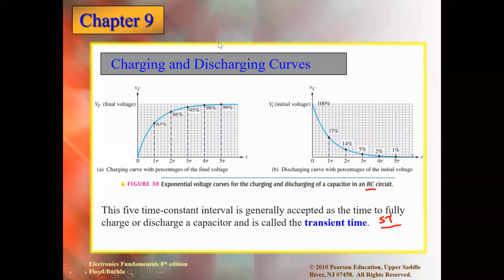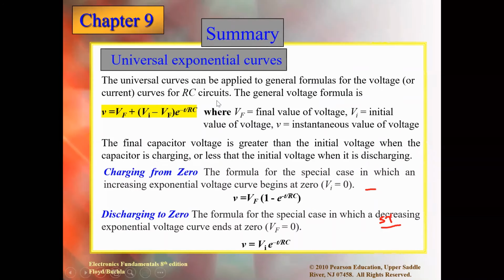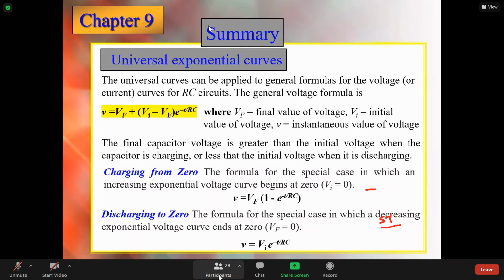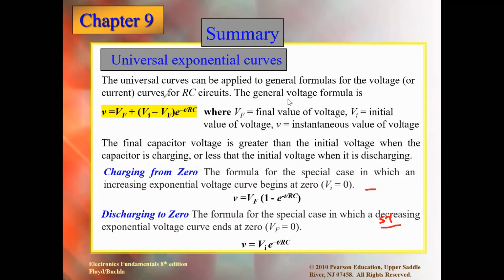Now see this equation, which is the instantaneous equation for charging and discharging. By knowing this equation, we can find at any time how much the capacitor will charge to its final value. Here are some acronyms: VF is the final value, and VI is the initial value.